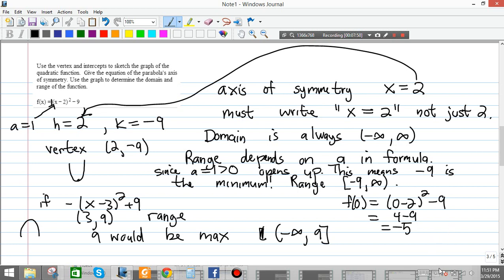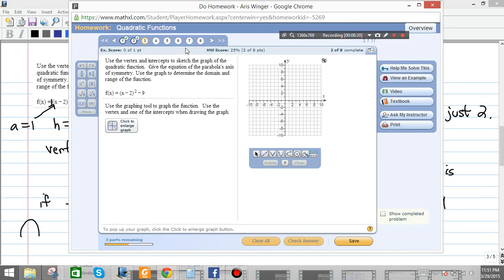I'm going to go ahead and graph this one now that we have everything. Where's all my information? Okay, let me underline it. It's the axis of symmetry is here. The vertex is here. The domain is here. The range is here. And I'm going to plot this. Let's go into my math lab and do this one.